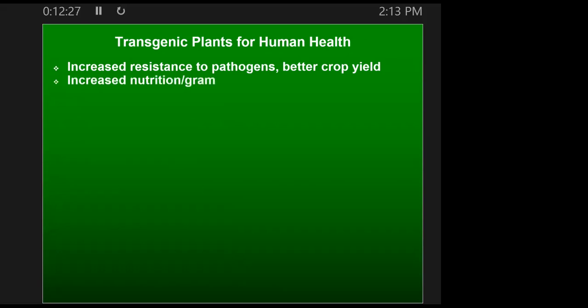And then they're looking at, okay, if we have to feed all these more people, but we have limited land, it's not like we have a bunch of land we can keep growing more and more crops. We're pretty much maxed out. So another strategy would be to make sure that each thing that you harvest has greater nutrition per gram of tissue.